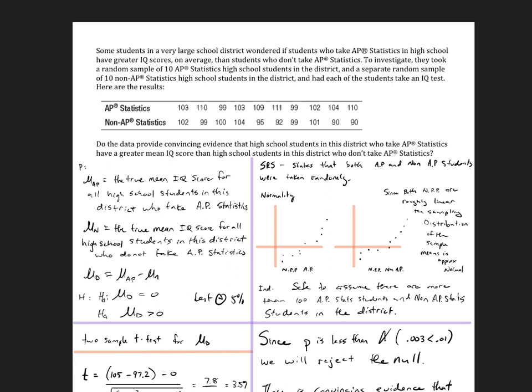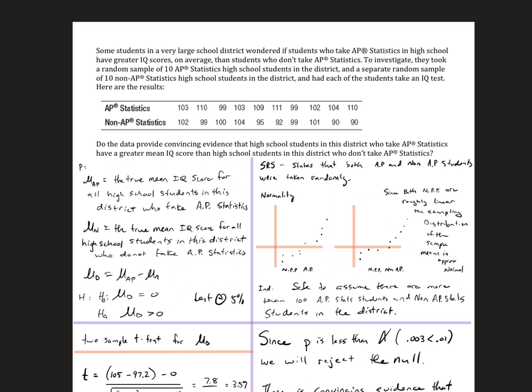Taking a look over here, it says that my students, AP and non-AP students, were selected randomly. So I'm going to take a look at both normal probability plots for the AP students and the non-AP students. And when I take a look at both of them, I see that both the normal probability plots are roughly linear, so therefore the sampling distribution of the sample means is approximately normal.